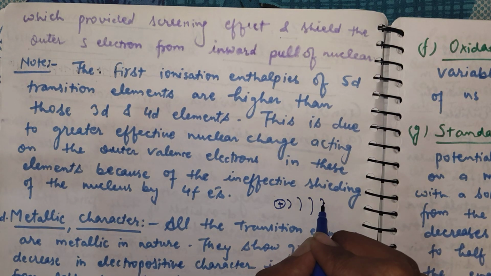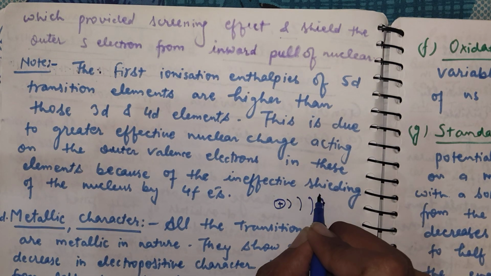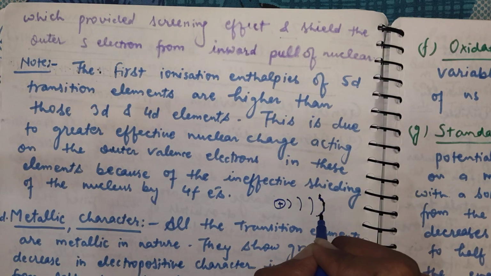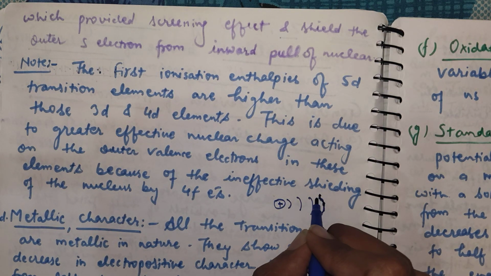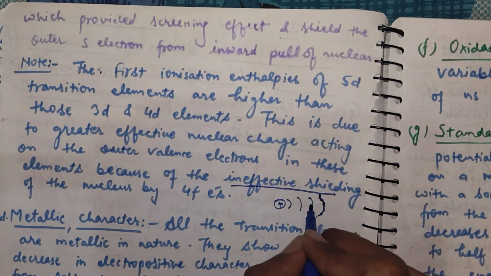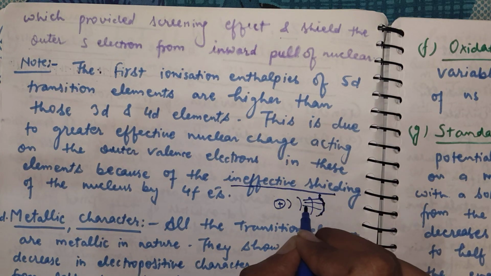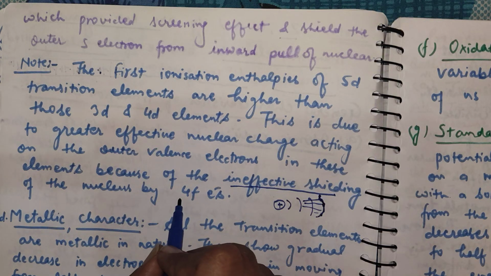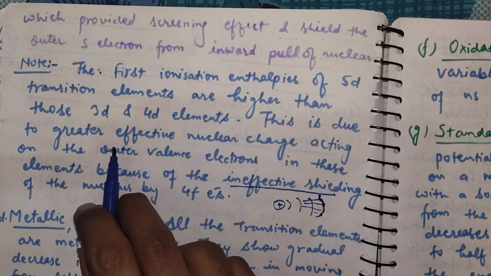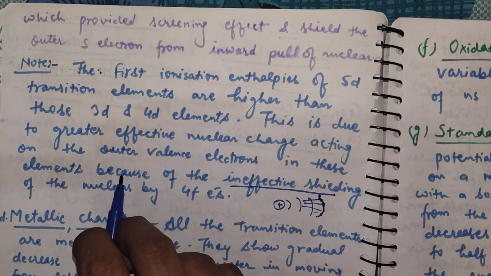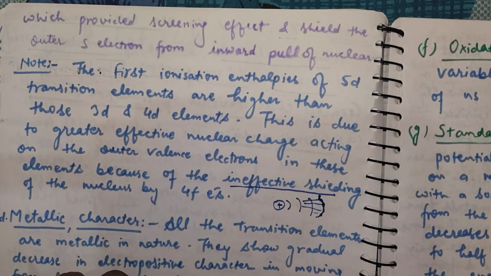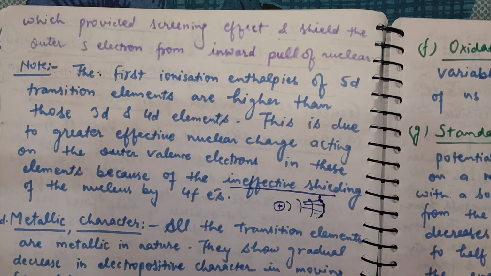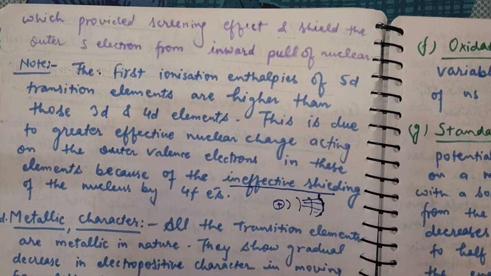The poor shielding is because the 4f electrons are largely distant and diffused, so the nuclear charge attraction towards the nucleus is stronger. This is caused by 4f electrons, so its size decreases, or we can say does not effectively increase, meaning it remains constant or slightly decreases. So this is the reason.